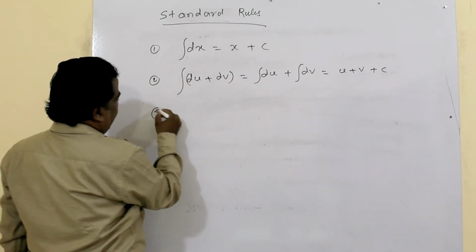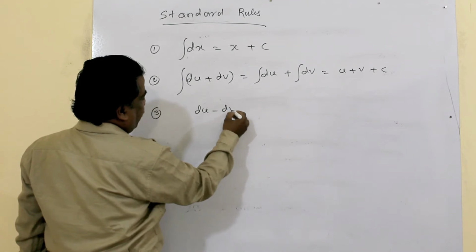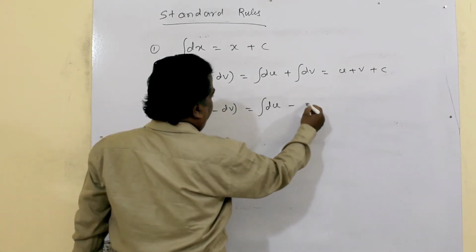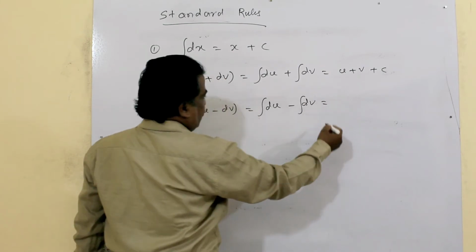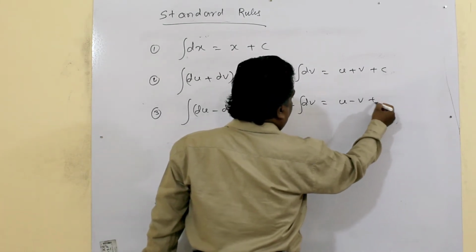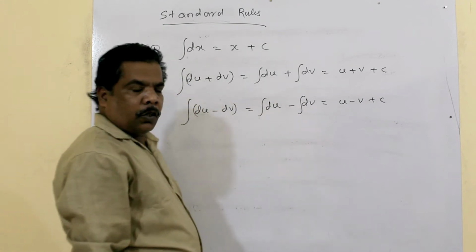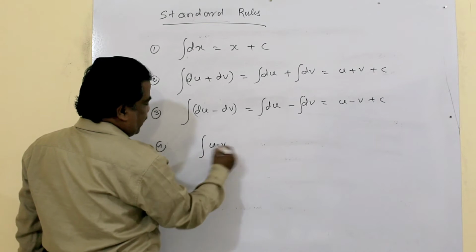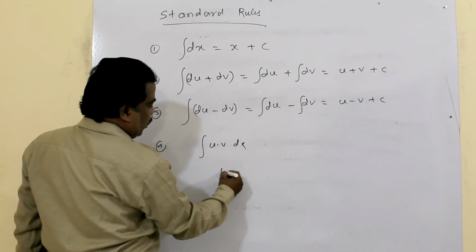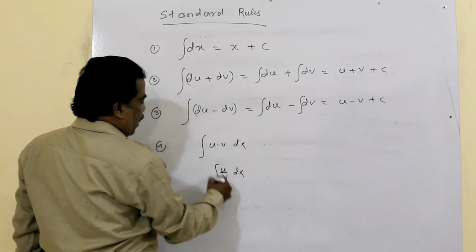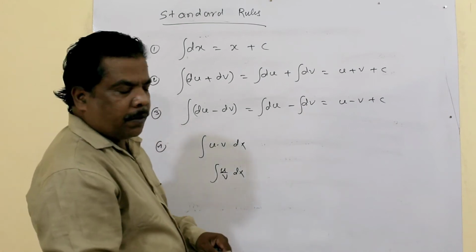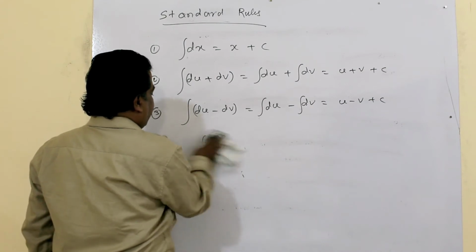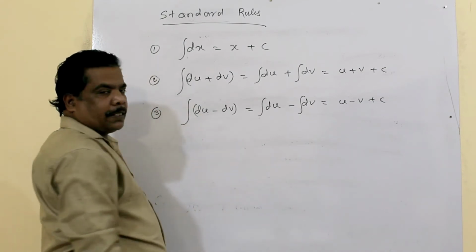Number 3, integral of du minus dv is equal to integral of du minus integral of dv, that is equal to u minus v plus c. So the integration of product u into v and quotient u by v, we cannot integrate product and quotient. Hence, these are the standard rules of integration.